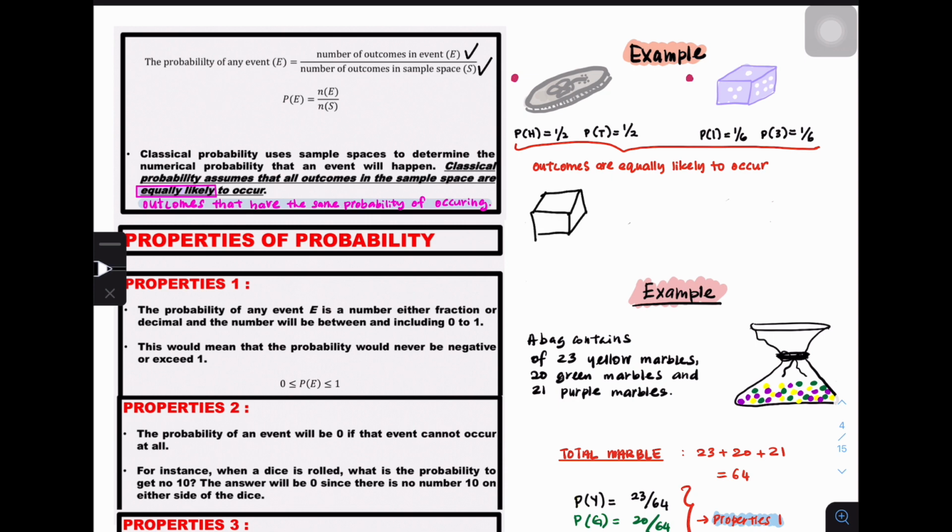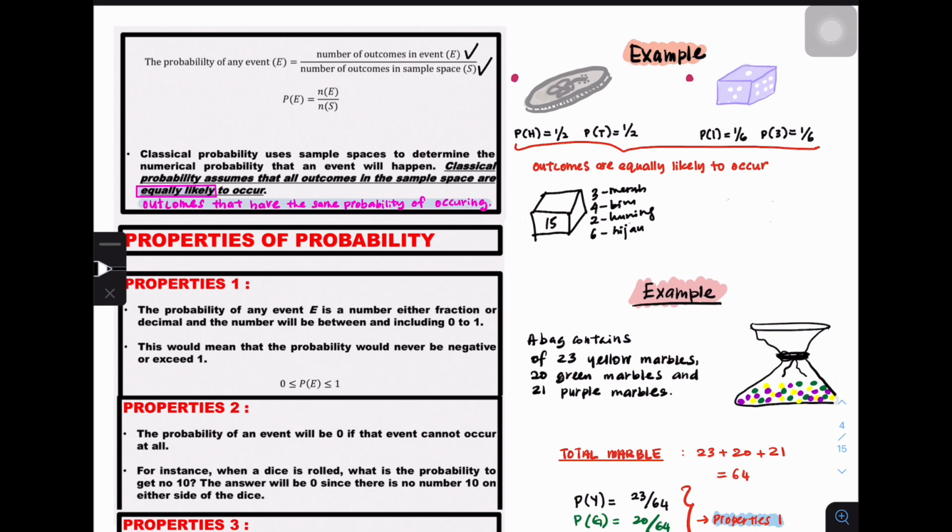Daripada 15 ini, 3 bola warna merah, 4 bola warna biru, 2 bola warna kuning, okey, dan 6 bola warna hijau. Contoh. Okey, dalam kotak ada 15 bola, 3 warna merah, 4 warna biru, 2 warna kuning dan 6 warna hijau.